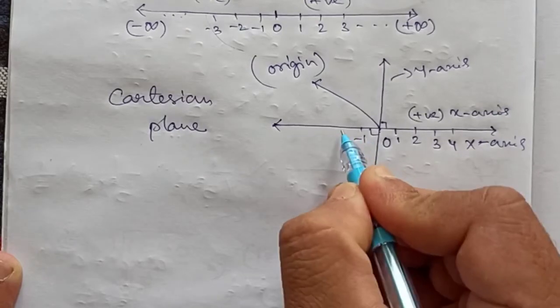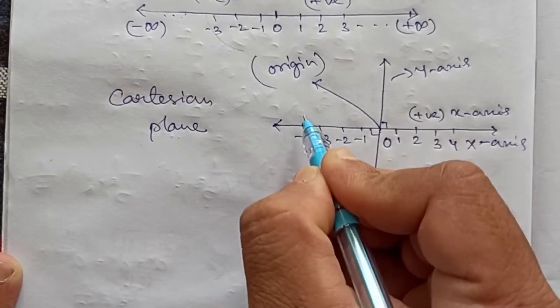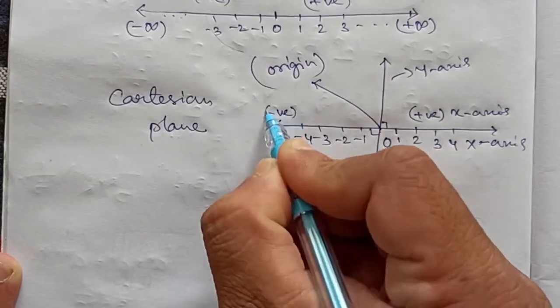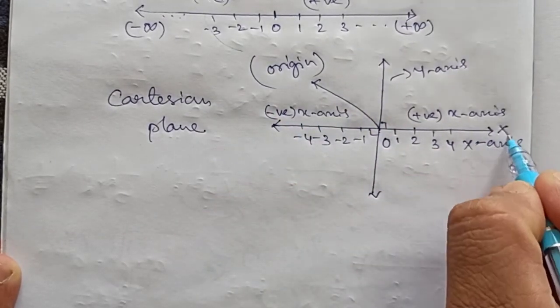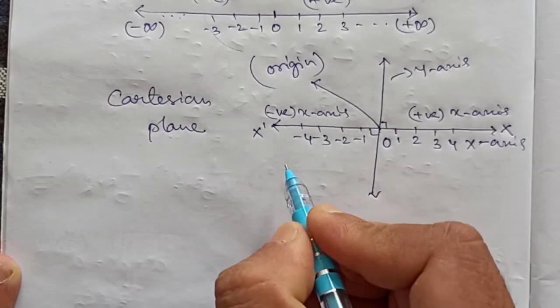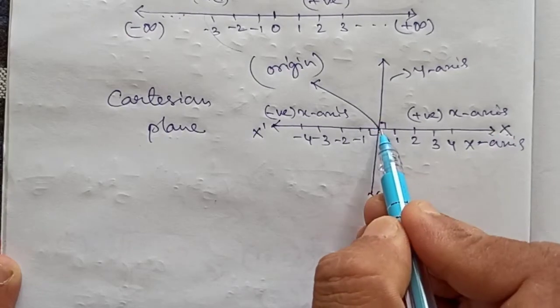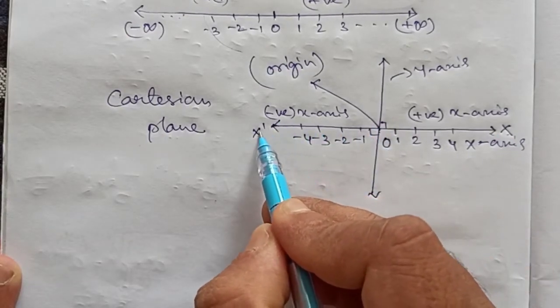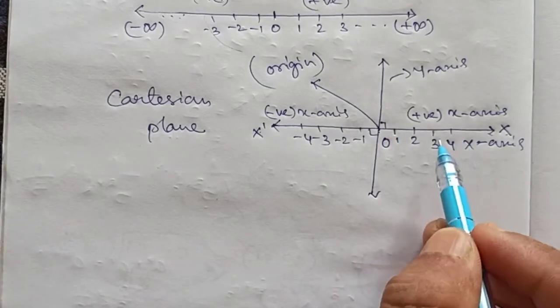This side all the numbers are negative, that's why it is called the negative x-axis. So we will denote it as x dash. Up to this the arrow mark is x, up to this the arrow mark is x dash, because this side all the numbers are negative, this side all the numbers are positive.